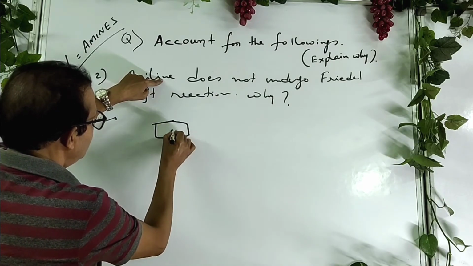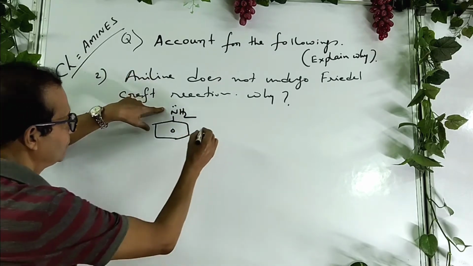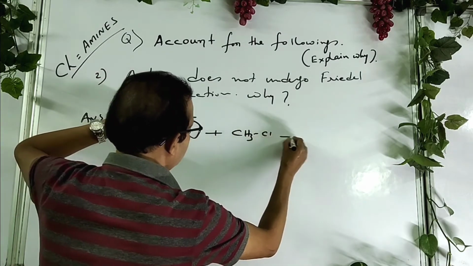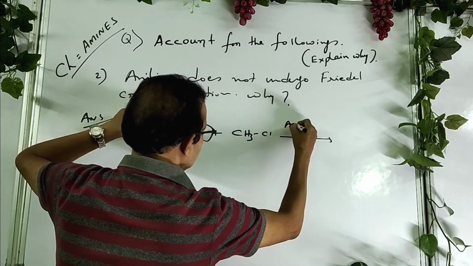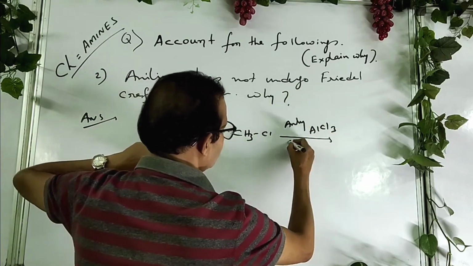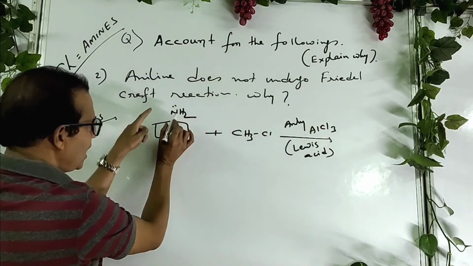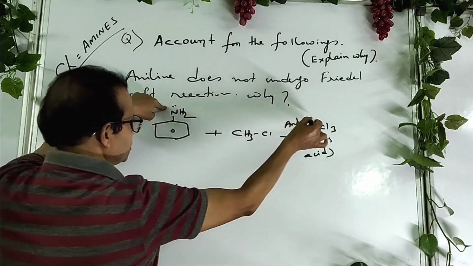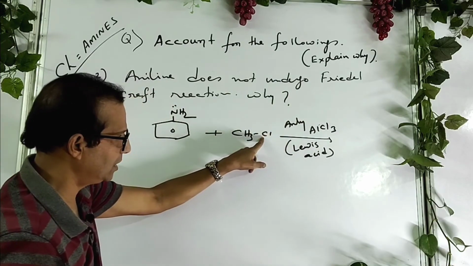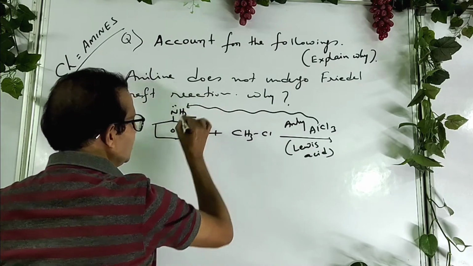This is aniline. Nitrogen has a lone pair of electrons. During Friedel-Crafts reaction, say if you consider methyl chloride in anhydrous aluminium trichloride, as aluminium trichloride is a Lewis acid and aniline is basic in nature, aluminium trichloride, instead of attacking the methyl chloride, gets attached to the lone pair of nitrogen.